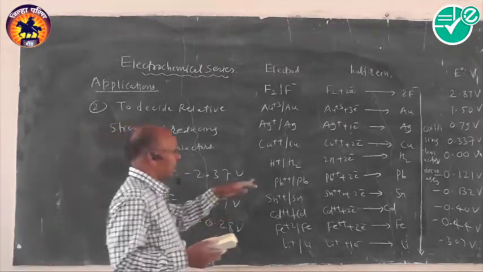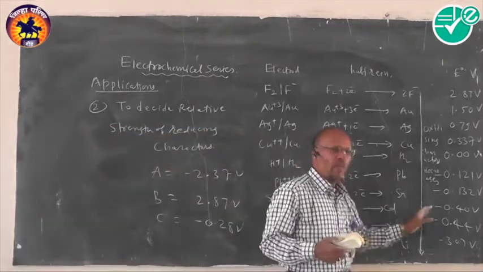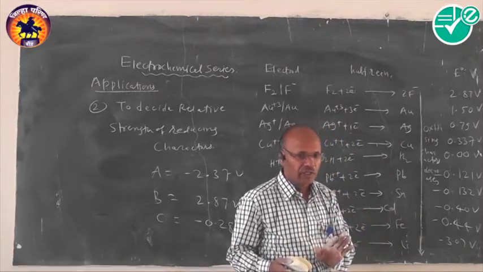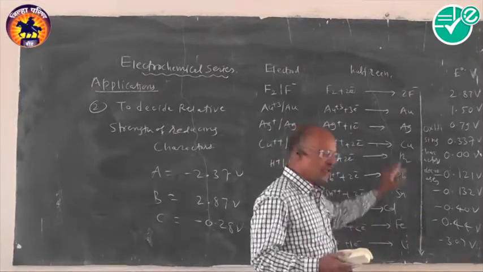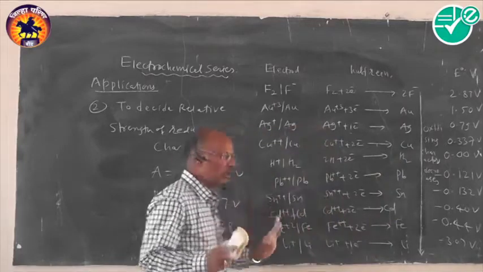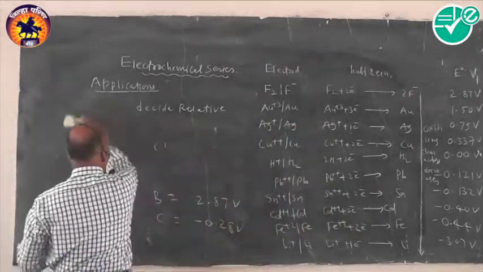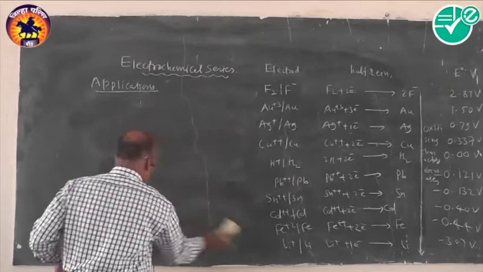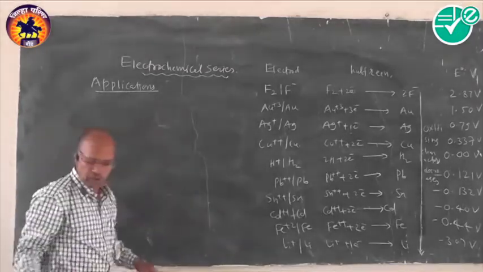In short, in the EMF series from top to the bottom, oxidizing characters decrease and reducing characters always increase. You have to follow this point about the strength of the reducing agent and the oxidizing characters.